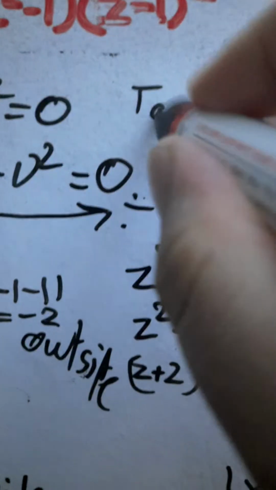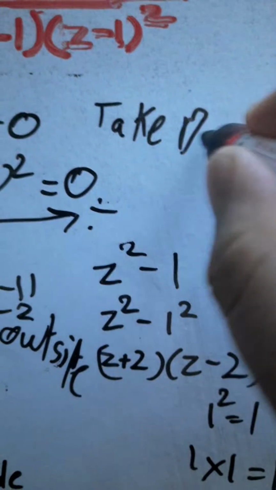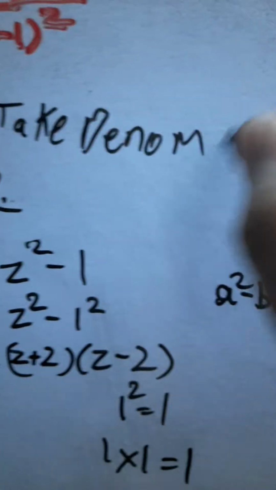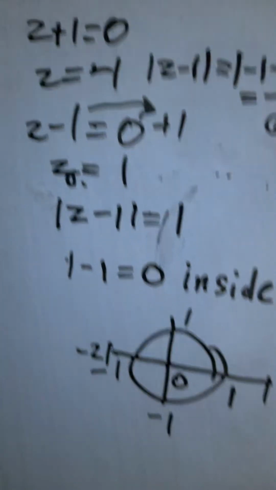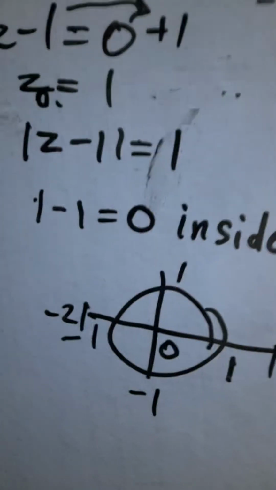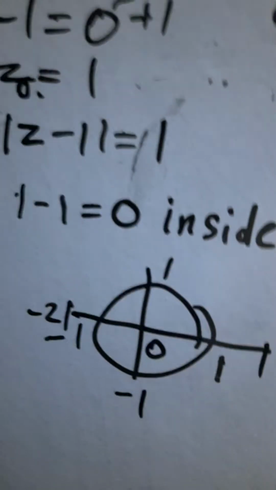I forgot to write that. Then we took 0, then we found this. It is inside, one point, right? 1 minus 1 is 0. So this point which we found is Z naught.